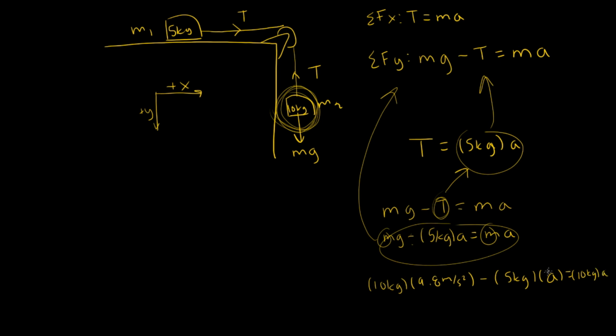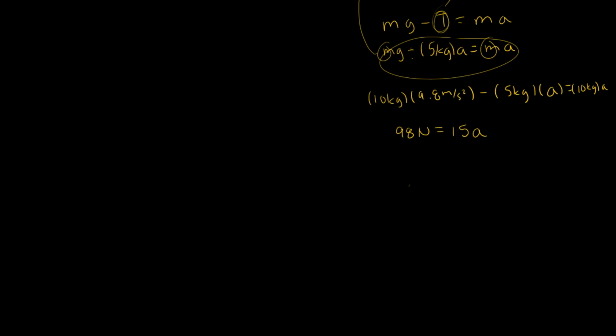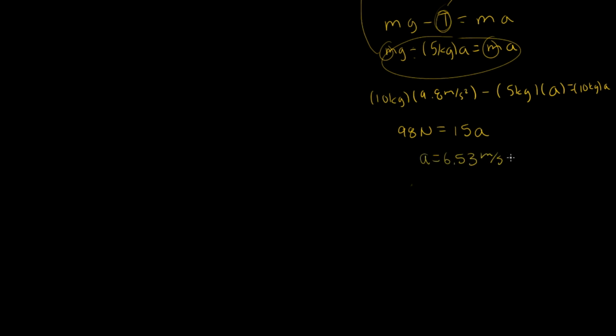We can set all the components with a to one side, so we get 98 newtons equals 15a. Now we do some simple division, and we get that the acceleration is 6.53 meters per second squared.